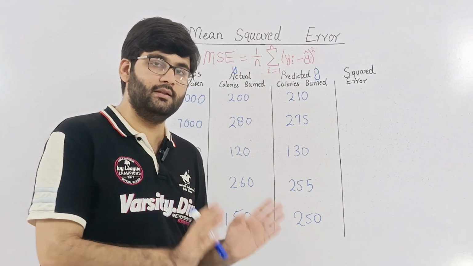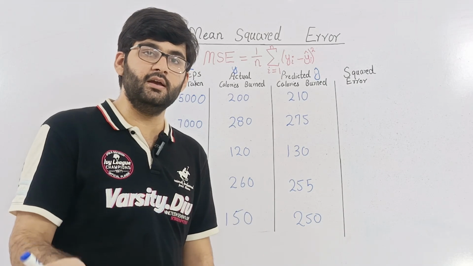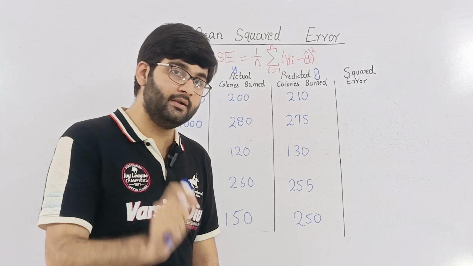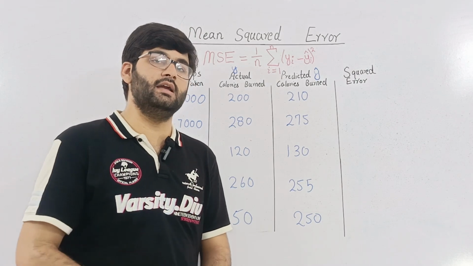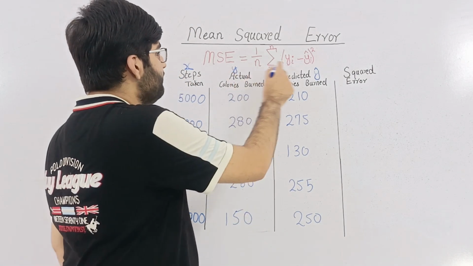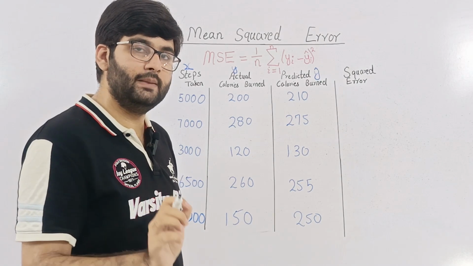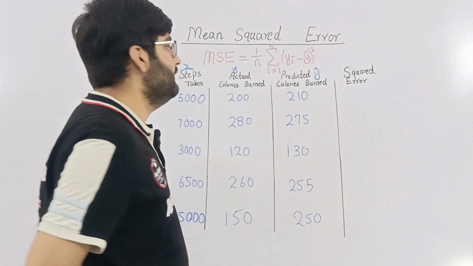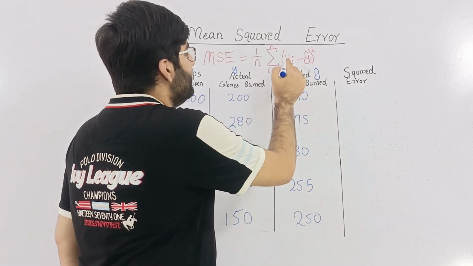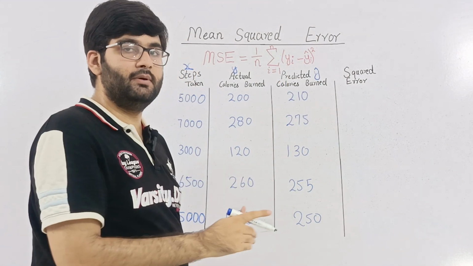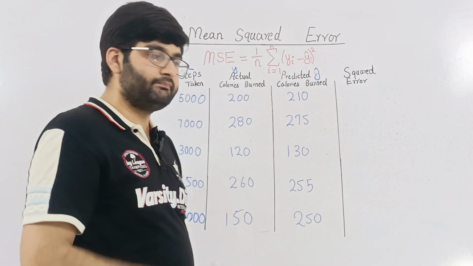Mean squared error is based on the square of the difference between the actual value and the predicted value of the target variable. This is the equation of mean squared error. It is different from mean absolute error in that the difference between the actual value and the predicted value of the target variable is squared.